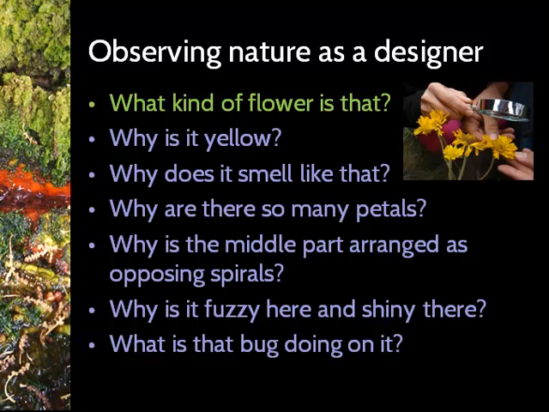You might have asked, why is it yellow? Why does it smell like that, whether it's a good smell or bad smell? Why are there so many petals in this particular flower? Why is that middle part arranged as opposing spirals? Why is it fuzzy here and shiny there? And what's that bug doing on it? So you started to ask more and more questions. You started to observe nature as a designer.